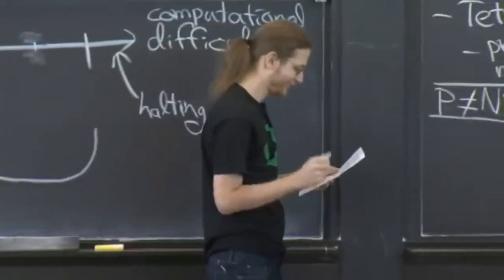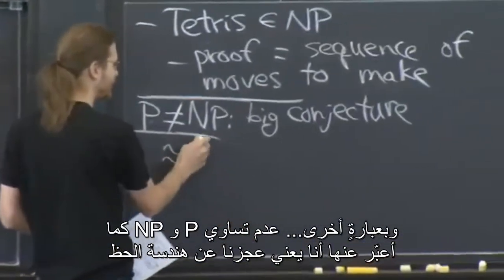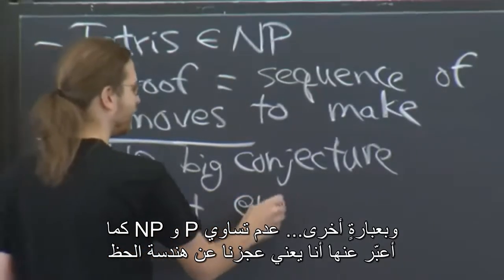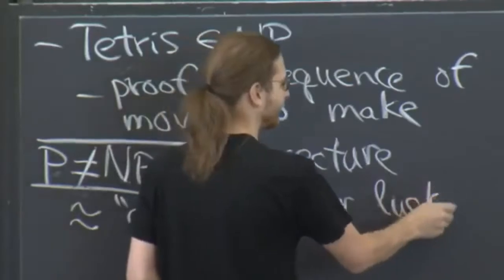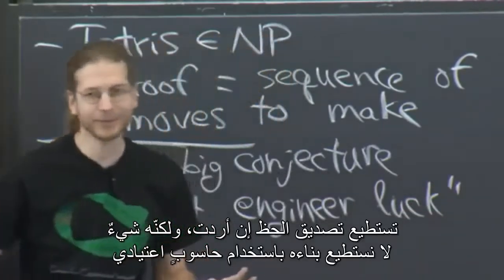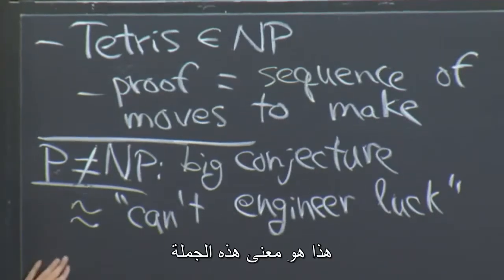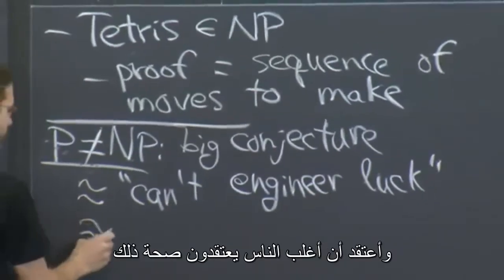So other phrasings of P does not equal NP, these are my phrasings, I made them up. You can't engineer luck. Okay, you can believe in luck if you want, but it's not something that we can build out of a regular computer. That's the meaning of this statement. And so I think most people believe that.